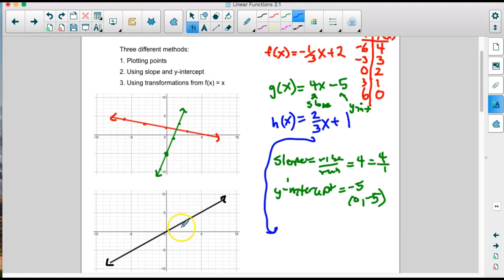So we would compress this down. The compression is 2/3, so it would be 2/3 of 1. Let's make this a little bigger.